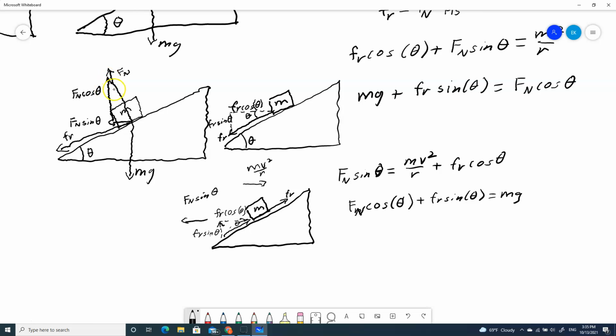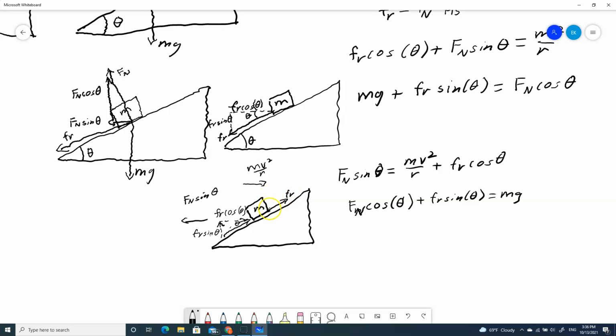So in this equation, the F_N cos θ, which is the vertical component, is pointing up, and the F_r sin θ, which is also a vertical component, as we can see right here, together equal mg. Because since the object is moving slowly, it would probably start sliding down. Therefore, mg is the enemy here because mg is in favor of it sliding down. And F_r, in this case, is against it sliding down.